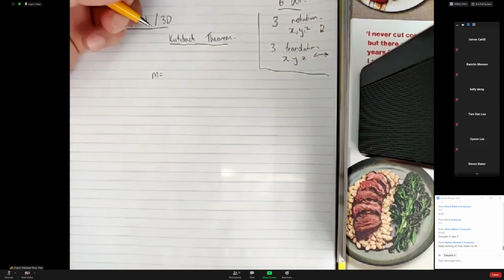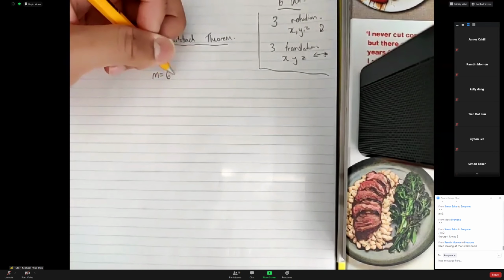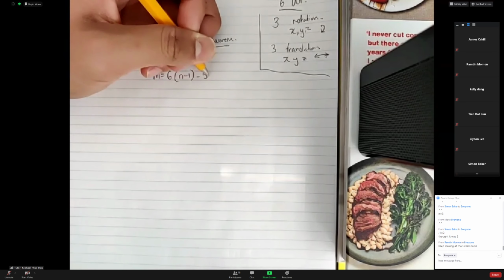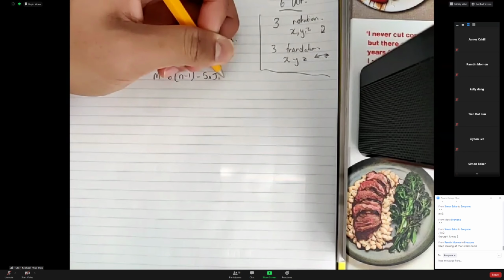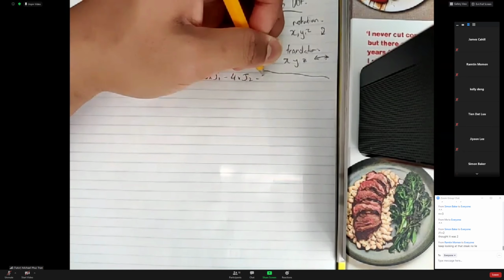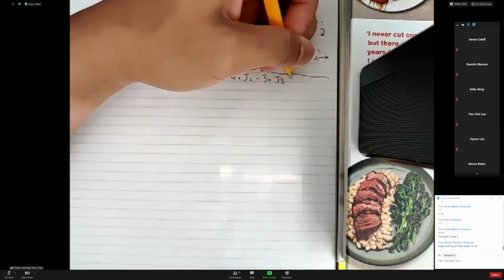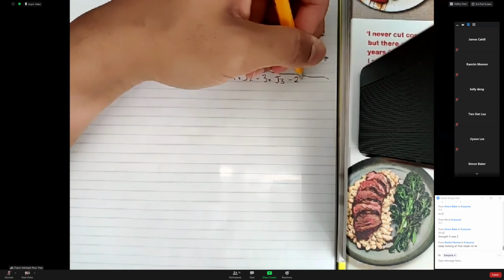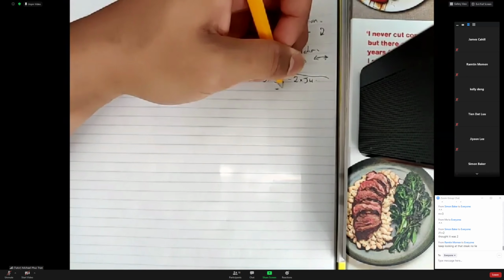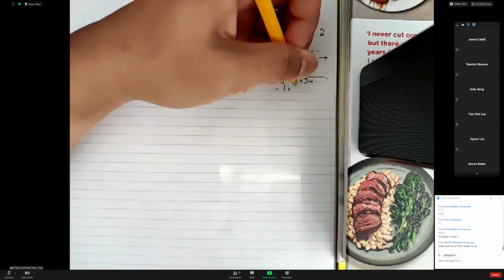So your mobility formula is simply 6n minus 1 minus 5 times J1, 4, J2, 3, J3, 2, J4 minus 1 times J5.